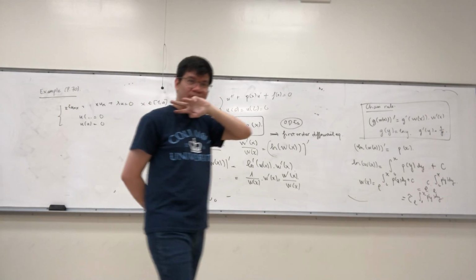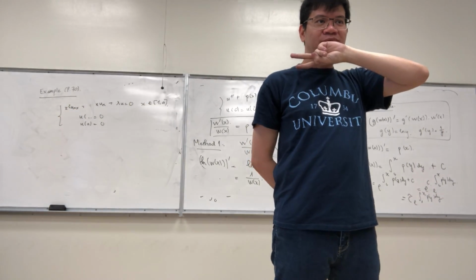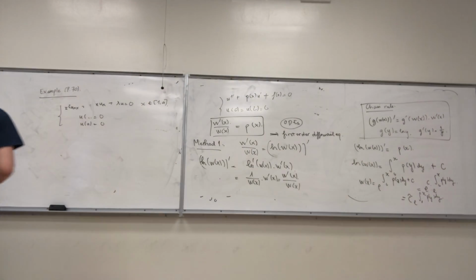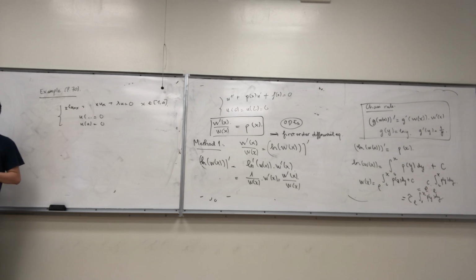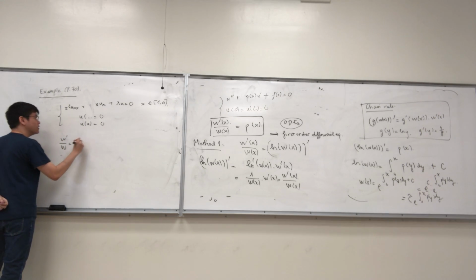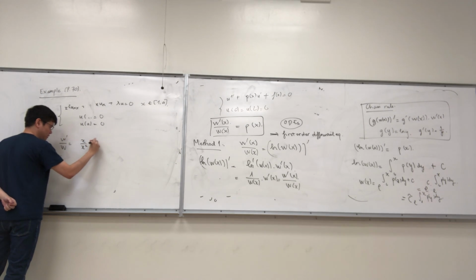We need x. So we need w prime over w equals x over x squared, right? But you have x squared. So you divide x by x squared. Right, so in this case, you have w prime over w is x over x squared. This is 1 over x.